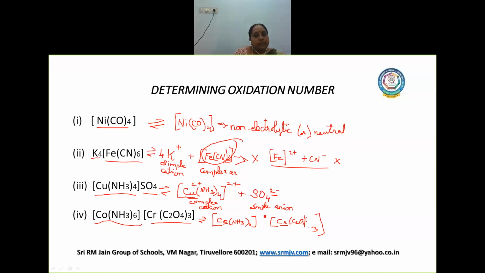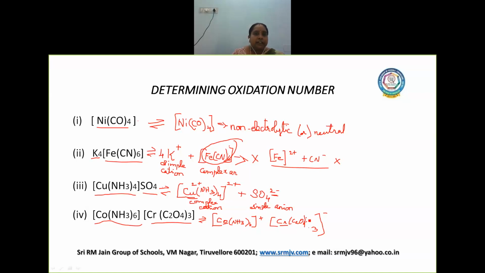This complex, being present on the left side, is the complex cation, and this complex is the complex anion. So this is how we can easily determine which is the positive complex and which is the negative complex or simple ion from the complexes given.